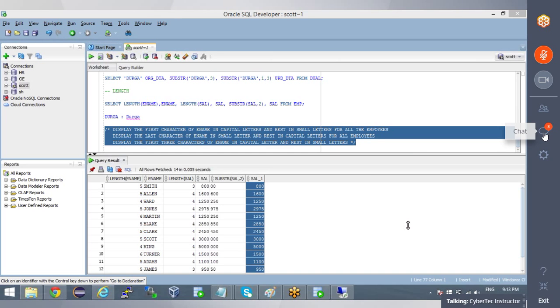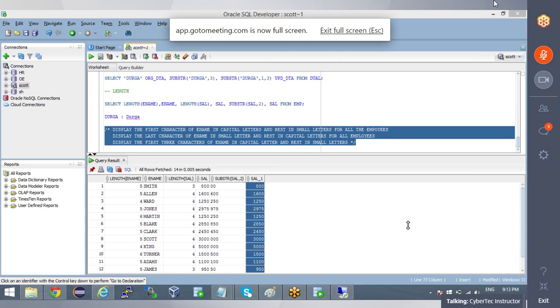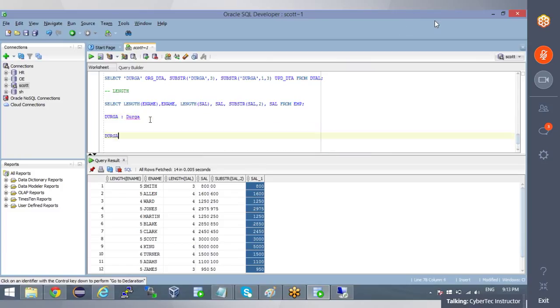Yes, the length function calculates the total length of that particular value. Let me say the name is Durga Satish Kulukuluri. I want to calculate the length of this string.